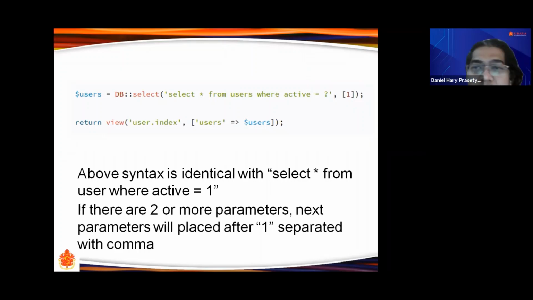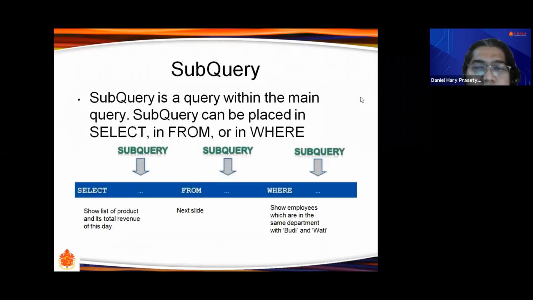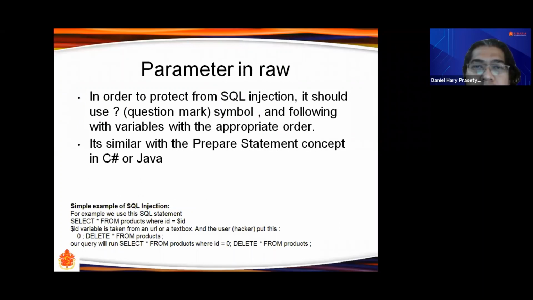If there is another parameter, we put it next in the following parameters. Also, this one is about the parameter in row. We have not implemented it, but you should consider it.